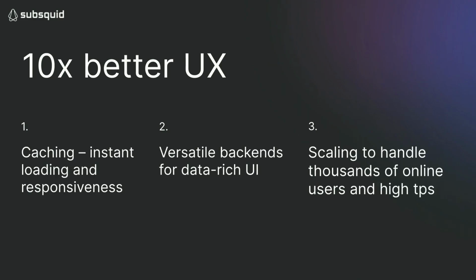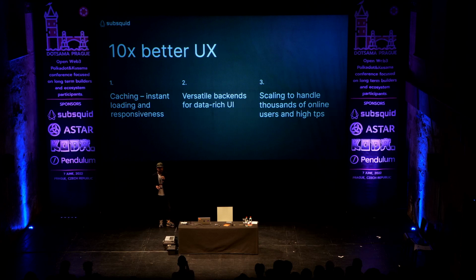Well, because there are two axes. The first 10x is that it gives you 10x better UX. Because if you have an API, it allows you to cache the content so that your pages have instant loading time. You can have very rich UIs on your dApp, and you can actually scale your dApps if you anticipate that there are going to be thousands or even millions of users.